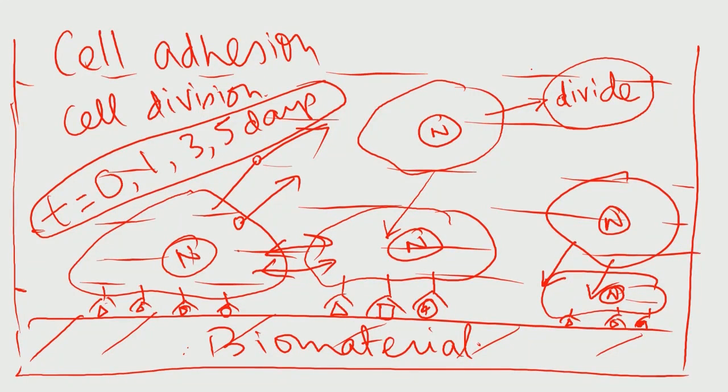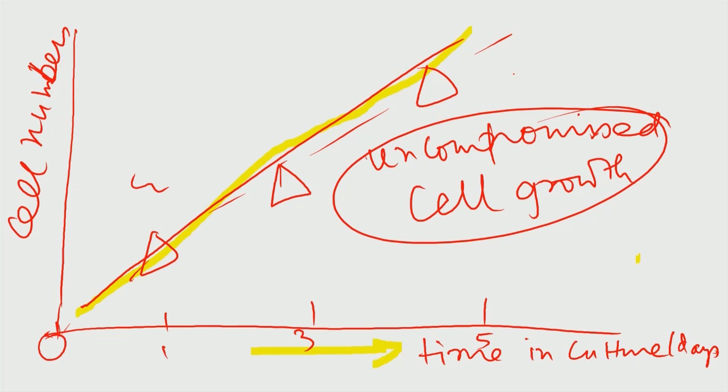But at this stage, you must understand that the first thing one should check when culturing cells on a biomaterial substrate is to grow the cells for at least 3 different time points, quantify the cell numbers, and see whether cell growth has taken place linearly or there is no change in the cell number.